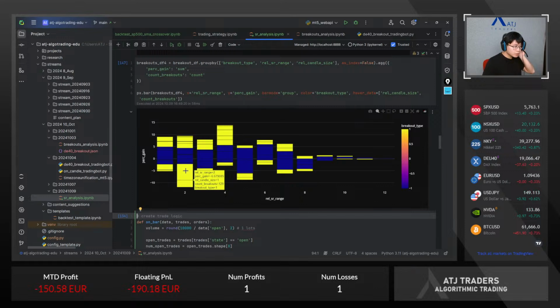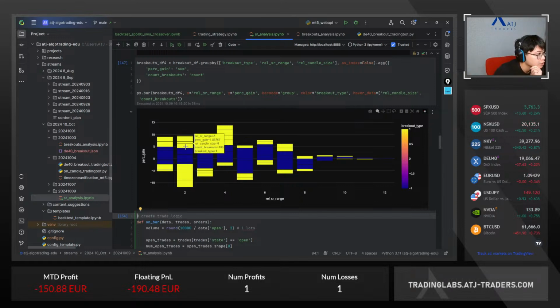And okay, so what do we have here? So here we have the failure when the relative candle size is equal to 1. But on the upside, relative candle size 0, 2, 4, etc. Here we have 129 breakouts.